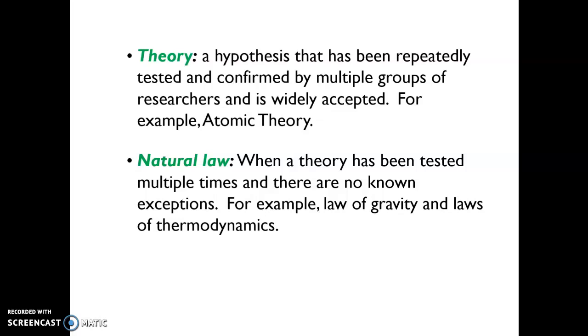Now, that hypothesis has been repeatedly tested and confirmed by multiple groups of researchers without actually even visually seeing an atom. And because it's a theory, it means it's pretty close to probably what is, but it doesn't mean there couldn't be exceptions or more information that you would find about atomic theory.